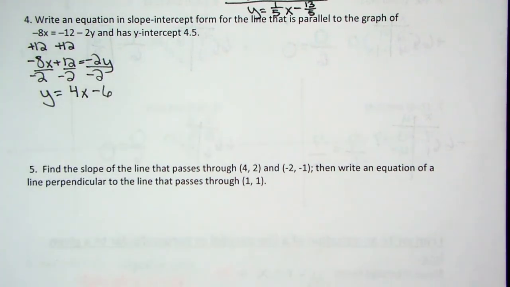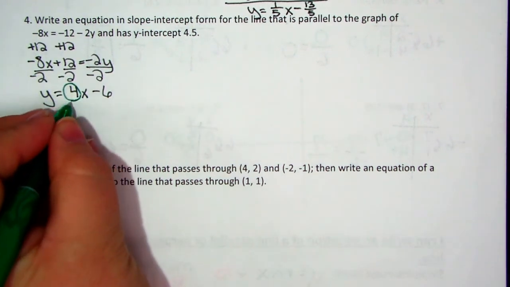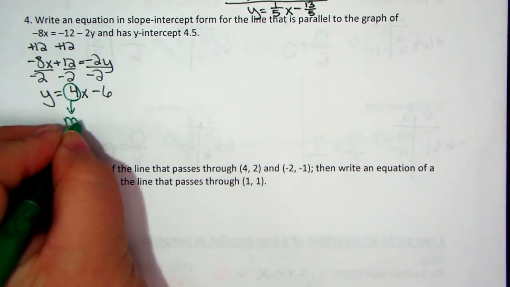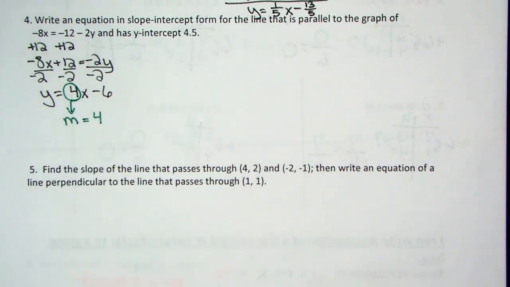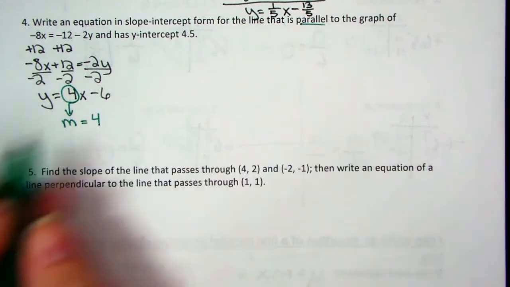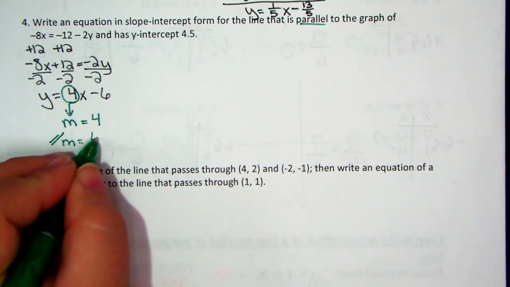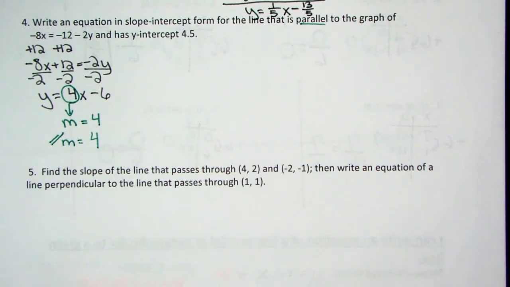So my original slope is 4. Step 2, make that slope parallel or perpendicular. Well, I want parallel. So parallel slope is also 4 because it's the same slope. Now we're going to write our equation. Well, what information have I been given? I've got a slope and I've been given a y-intercept.